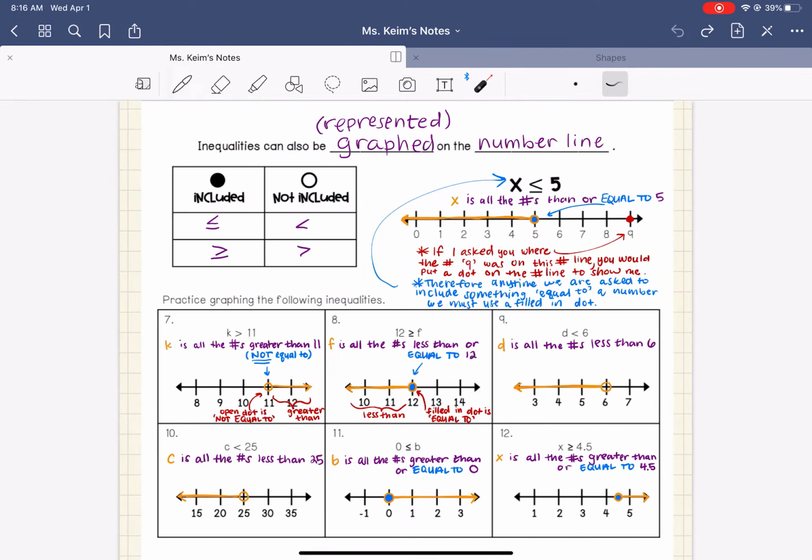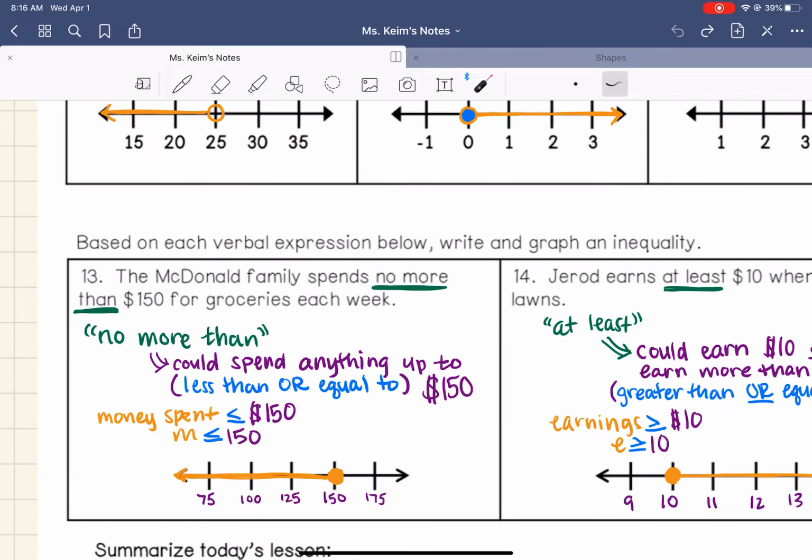For example, in this situation down here, it says the McDonald family spends no more than $150 for groceries each week. In this situation, the money they spend is not necessarily equal to 150, okay?